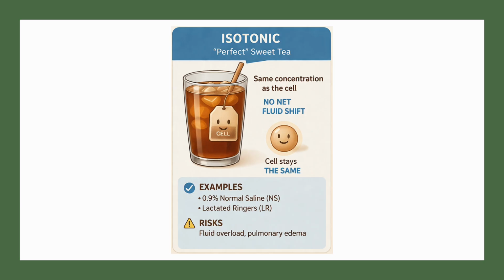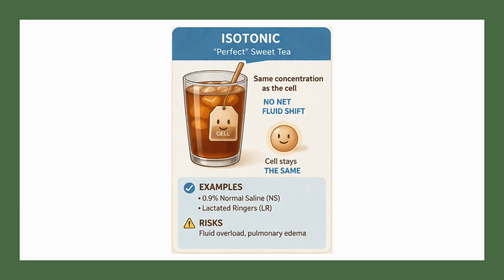If you have 0.9% normal saline, that is isotonic. If we have a lesser number, that's going to mean we have a hypotonic solution, and if we have bigger numbers than 0.9%, we are going to have hypertonic solutions. And we'll talk about that here in a second.